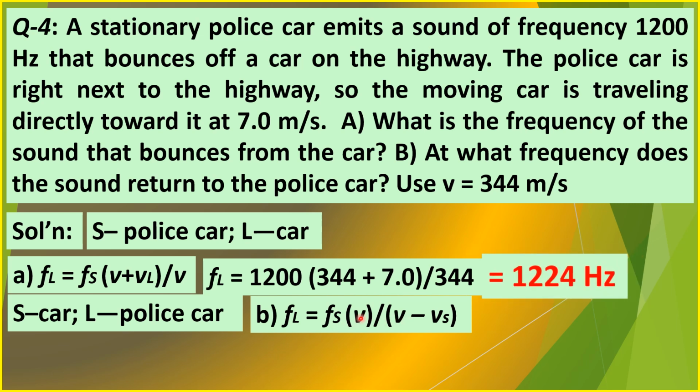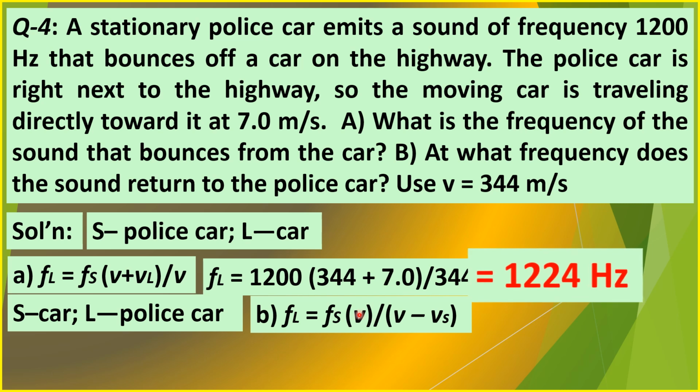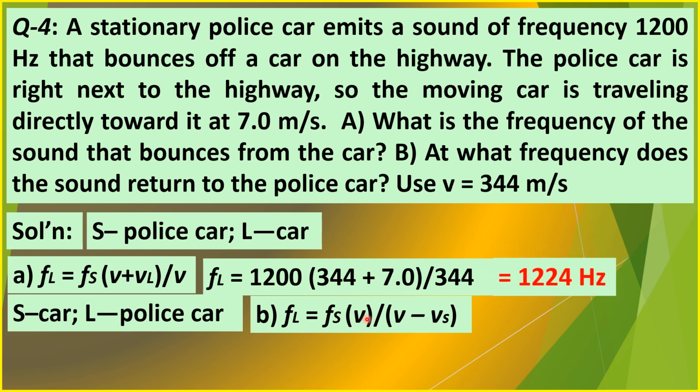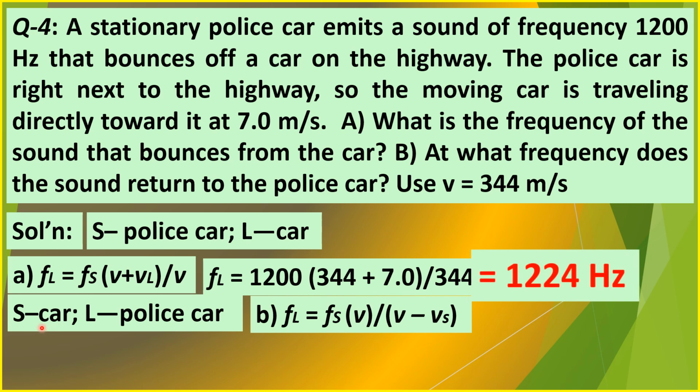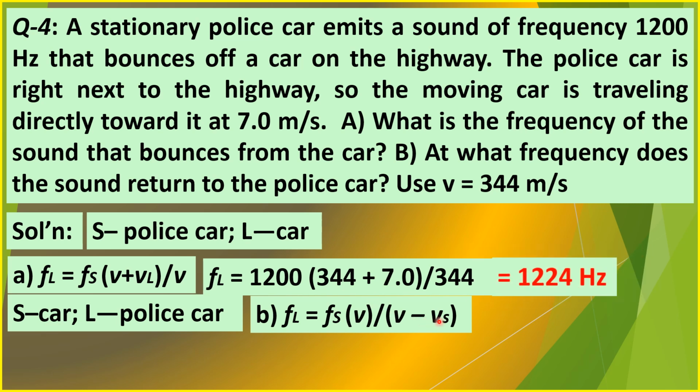And since the police car is now the listener, which is stationary, there is no speed for the listener in the numerator. But in the denominator, we subtract from V the speed of the source, which this time is the car. Why minus? Because the car is moving towards the listener.